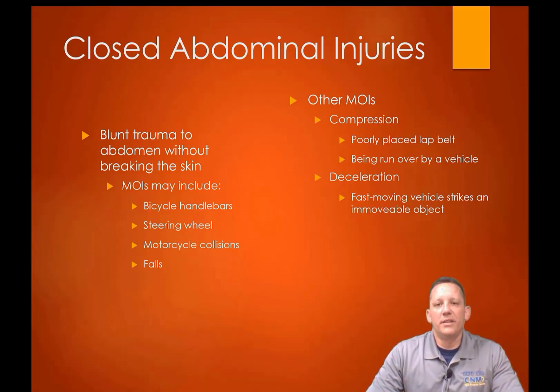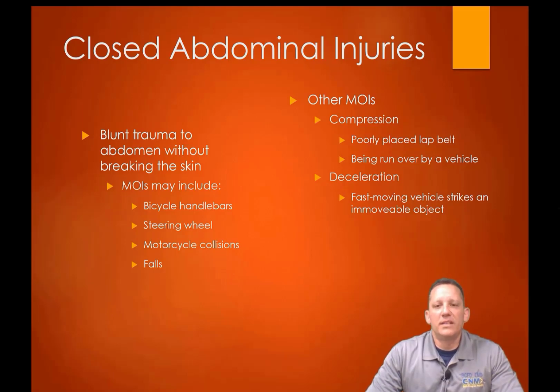Other MOIs are going to be compression, which is the quick and sudden snap into the abdominal wall from, say, a poorly placed seatbelt, or being run over by a vehicle, or even kind of like a crush injury. Right? So say a person was working underneath their car and the jack failed, and the car actually just landed over their abdominal cavity, leaving their chest open.